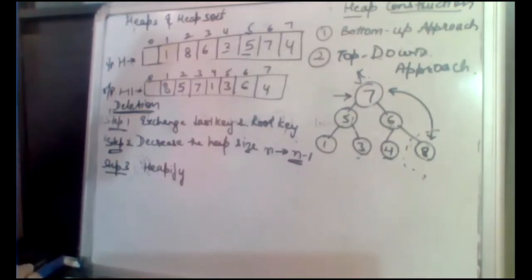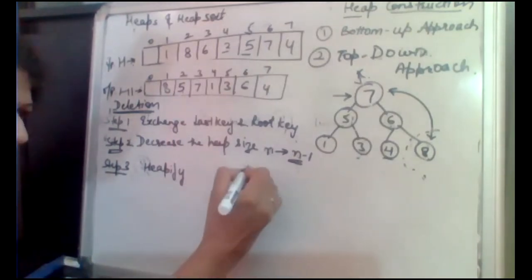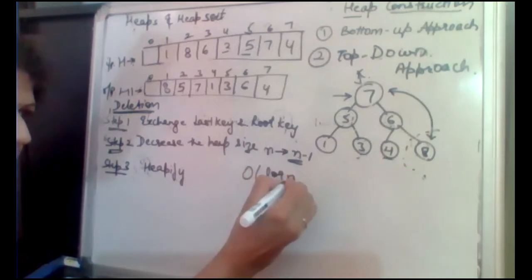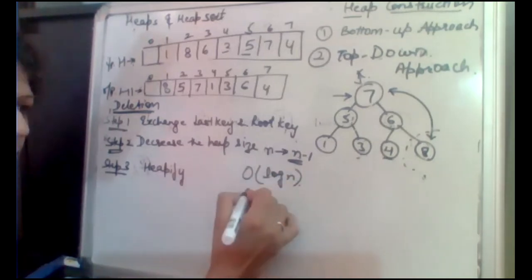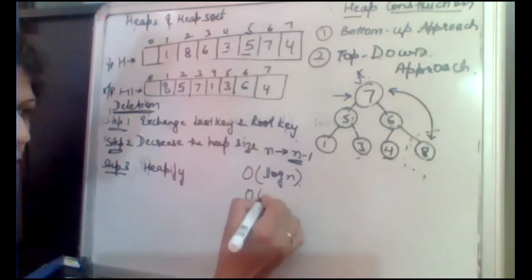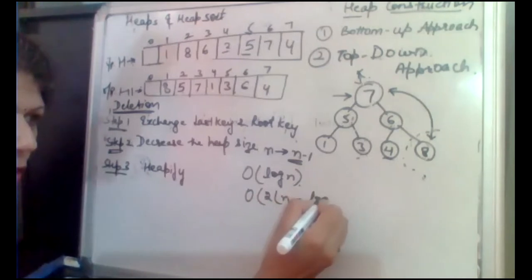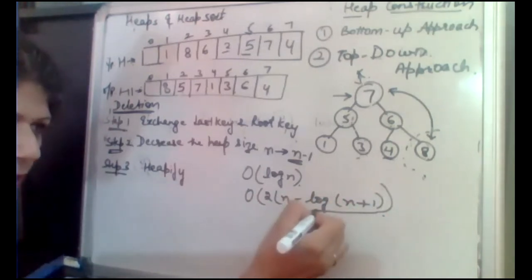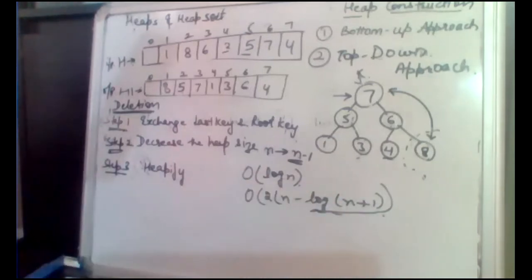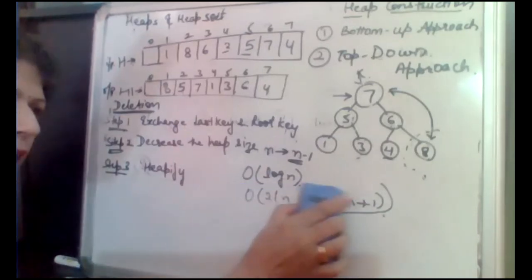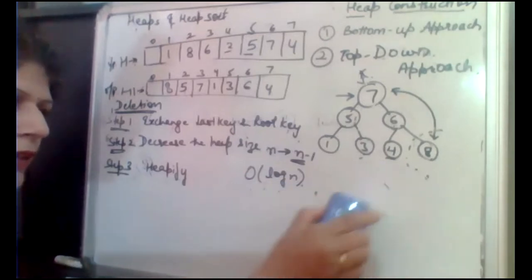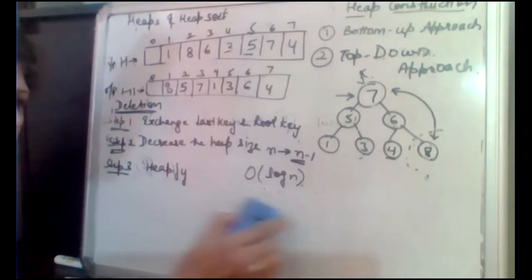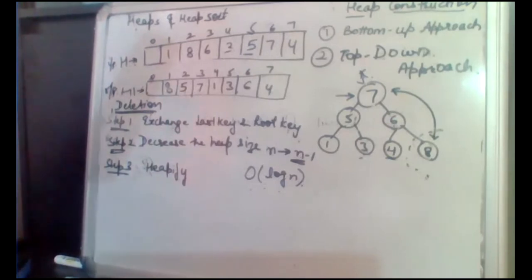So it is going to be not more than big O of log n. If you remember, for the bottom up approach earlier, we got something like 2n minus log n plus 1. In that case, we are not taking the n, but it is going to be big O of log n. Yes, so deletion is going to take big O of log n.